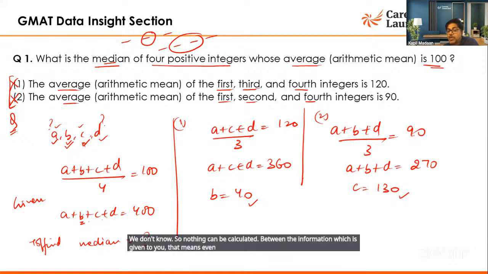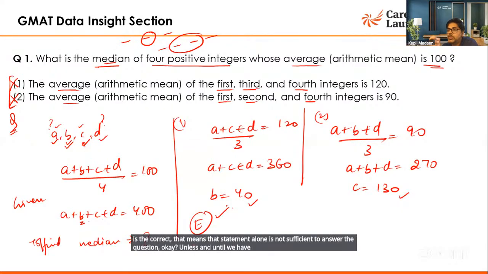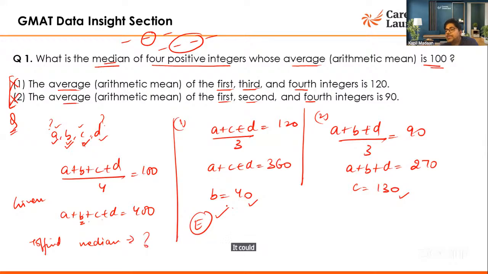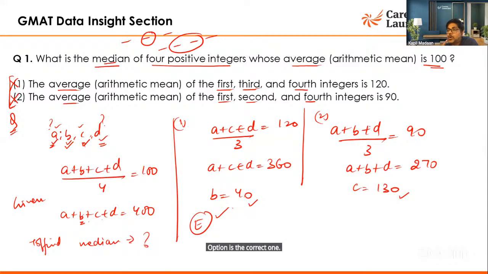Even after clubbing, we are not getting an answer. Option E is correct. Unless we have the absolute values, there could be multiple values of A and D. We only have the values of B and C out of four integers, so the others could be any integers. Therefore, option E is correct. You cannot find the definite median here.